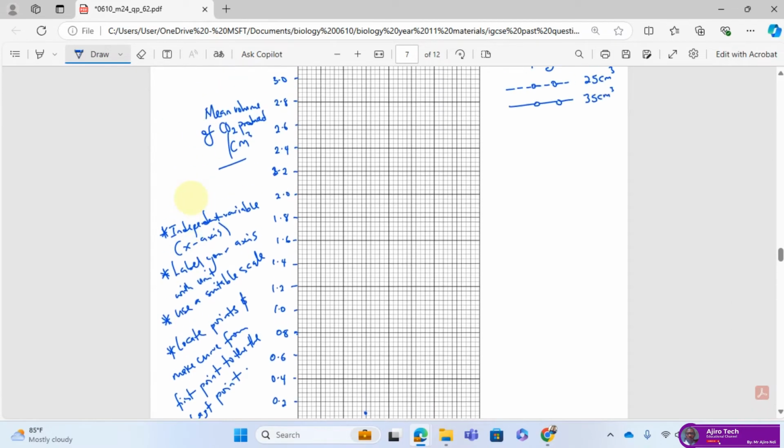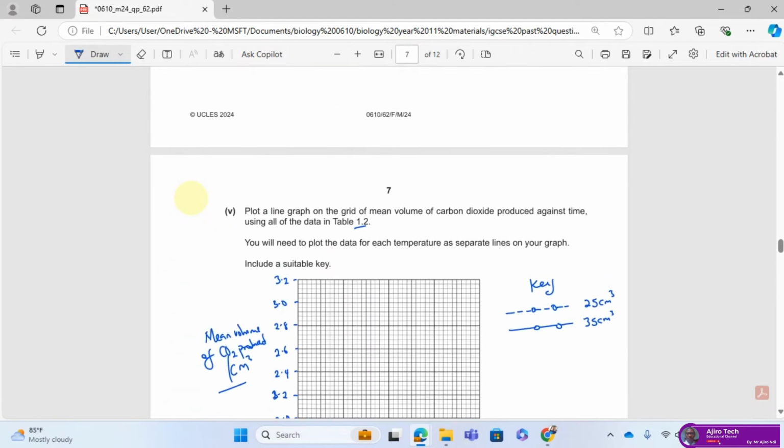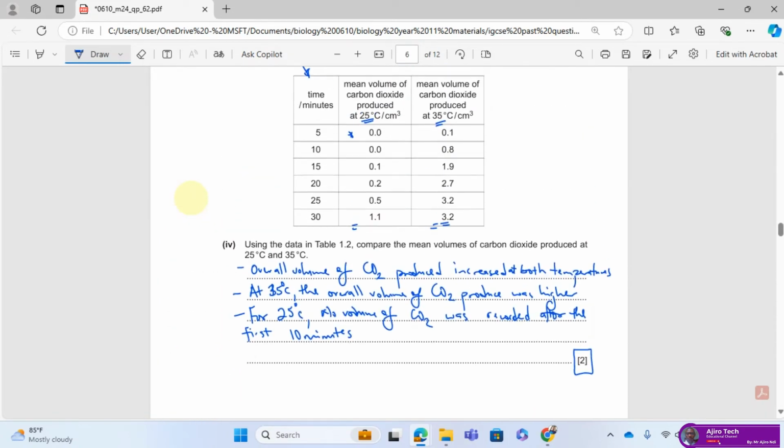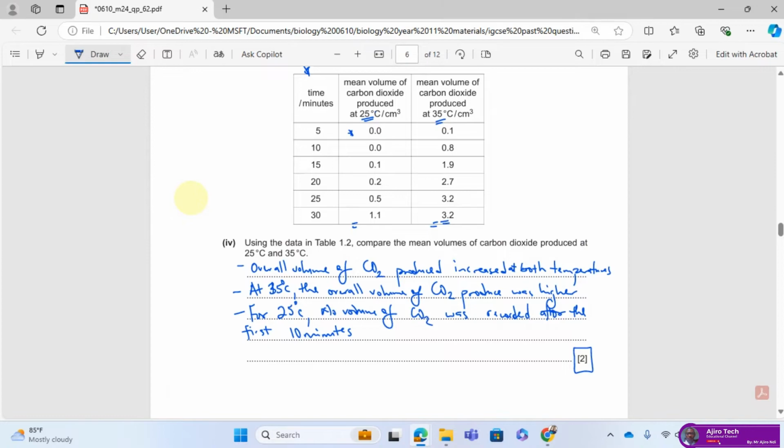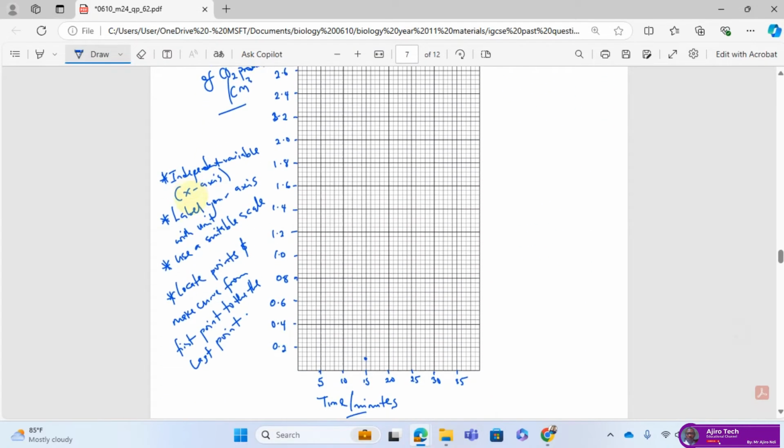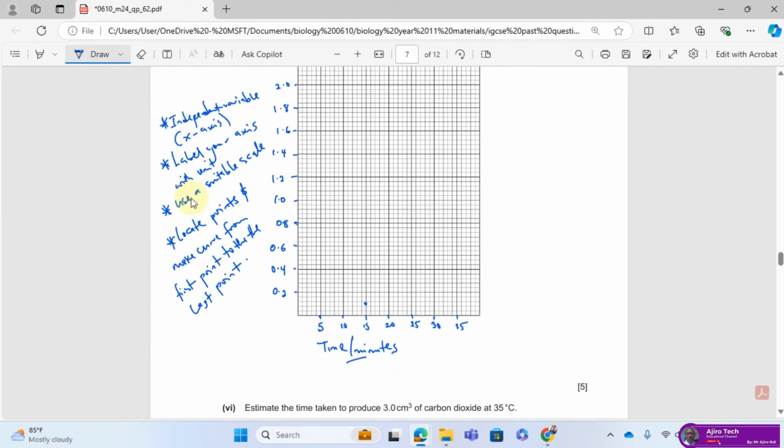Then for the other group you have 0.2, 0.5 and 1.0. 0.2 here, 0.5 is in between, and 1.0 is just here.